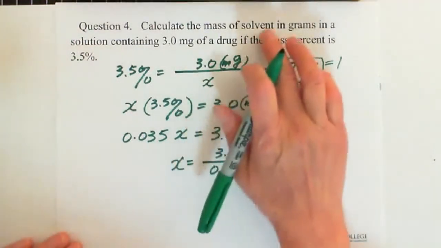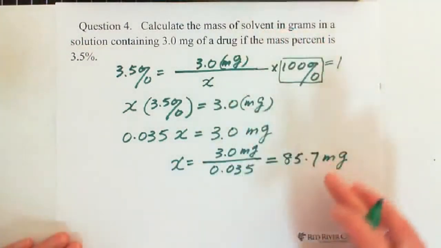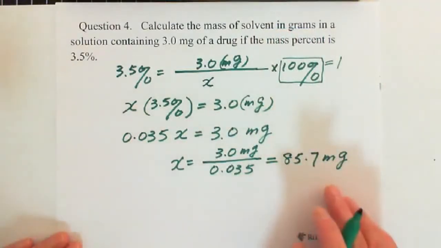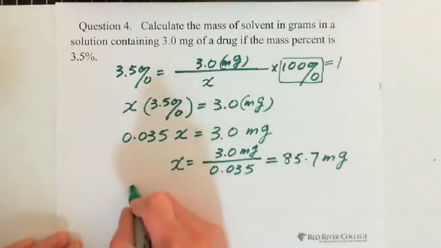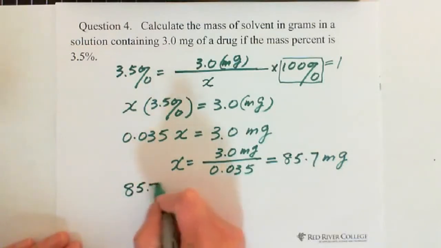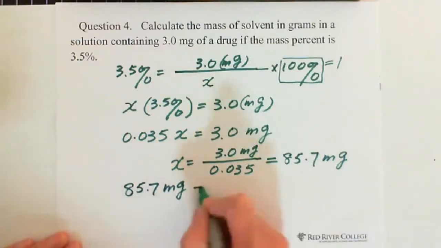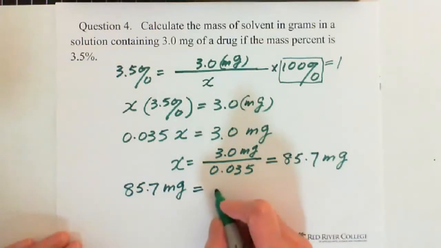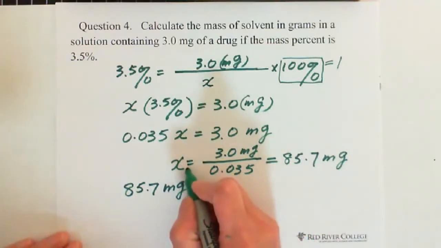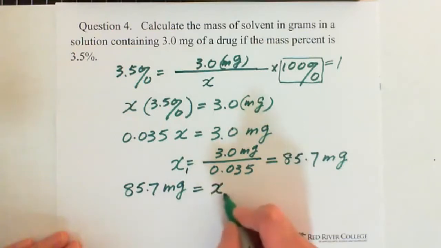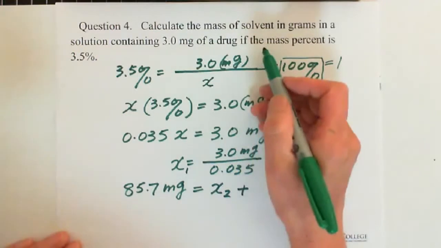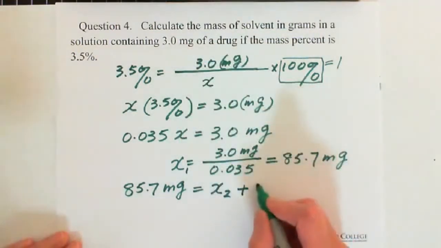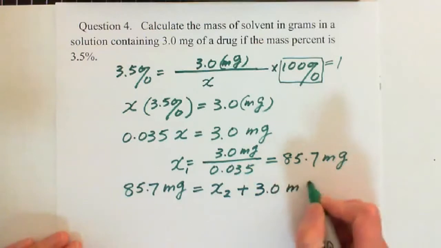And we're looking for the mass of solvent, because mass of solution equals mass of solute plus mass of solvent. So 85.7 milligrams is the solution, and we can put X2 to represent the mass of solvent plus the mass of solute, which is 3.0.